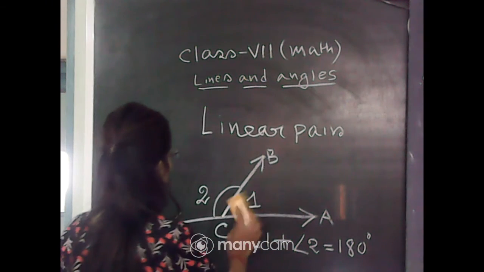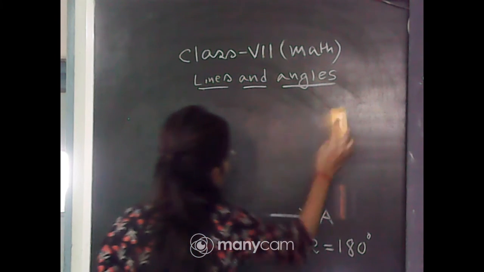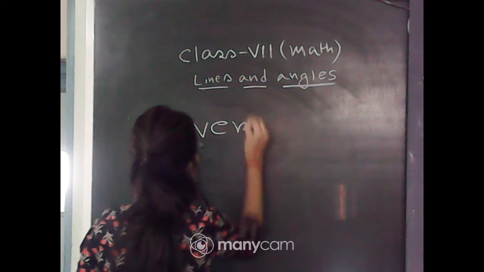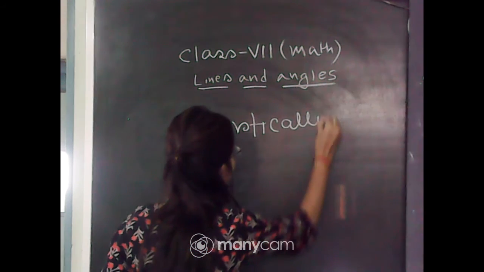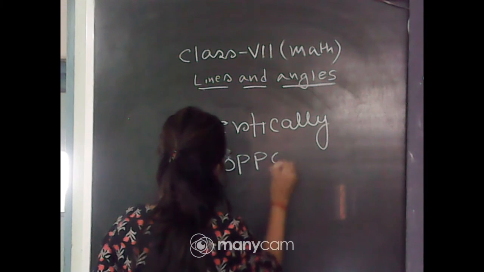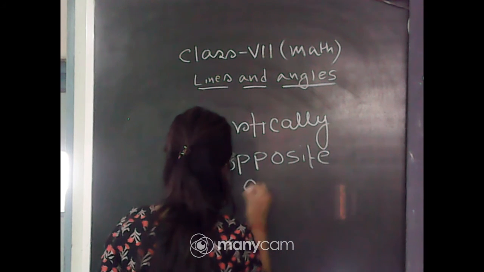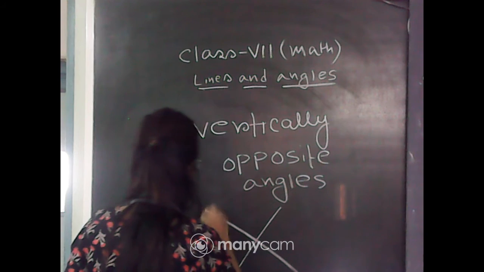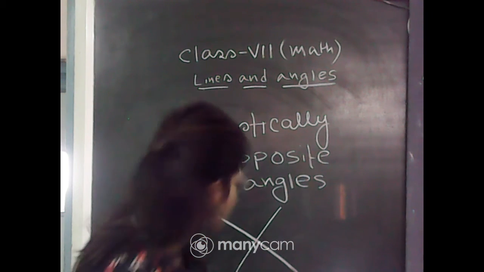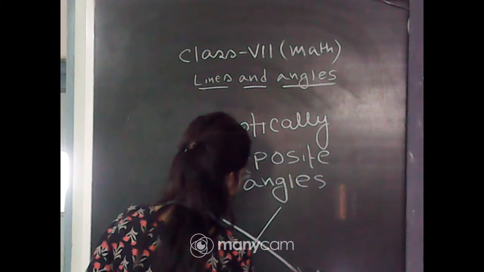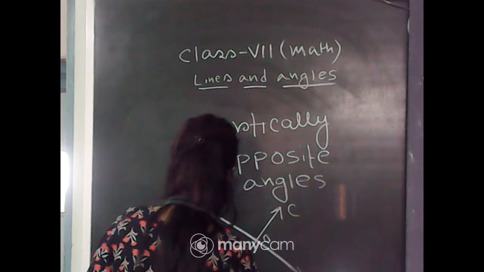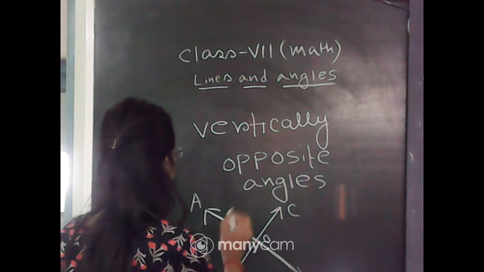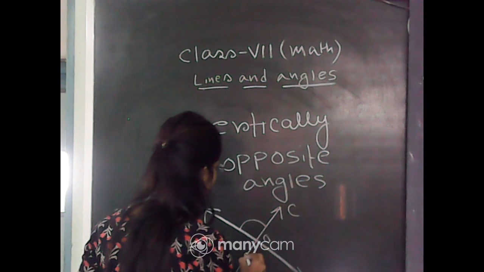Okay. Next, vertically opposite angles. When two lines intersect at a point, then the vertically opposite angles are equal.